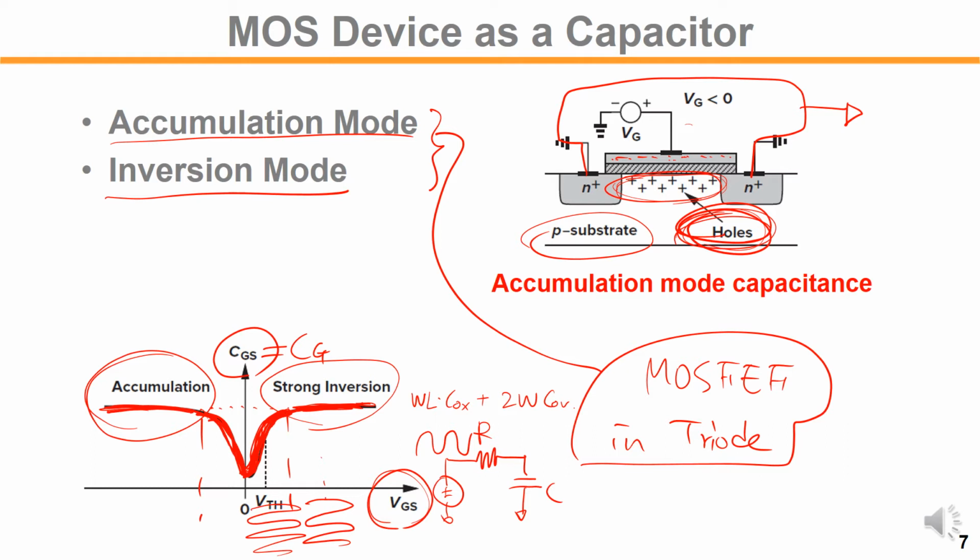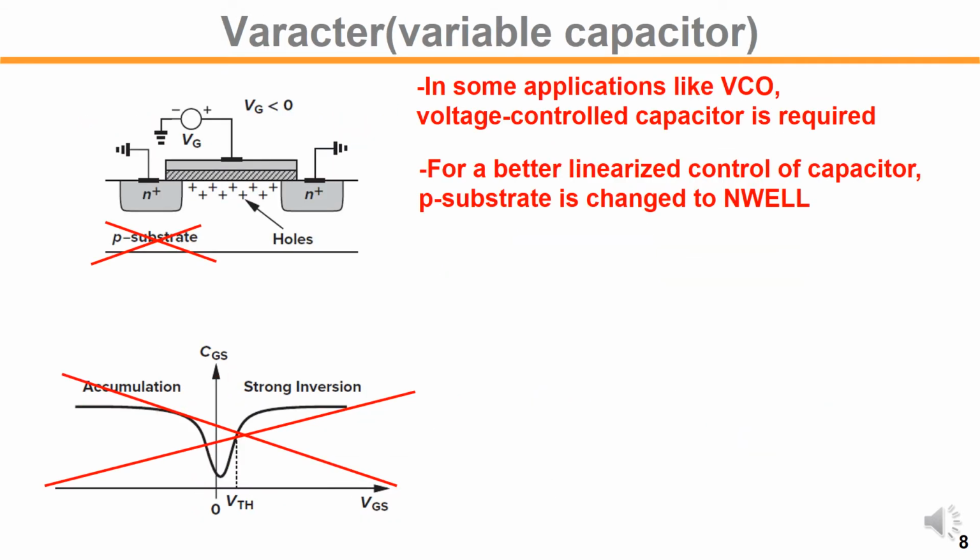In terms of the performance that you want to achieve, sometimes in applications like the VCO, a voltage controlled capacitor with very linear voltage dependence is required. But in the previous example, the conventional MOS device has very large nonlinear variation near zero.